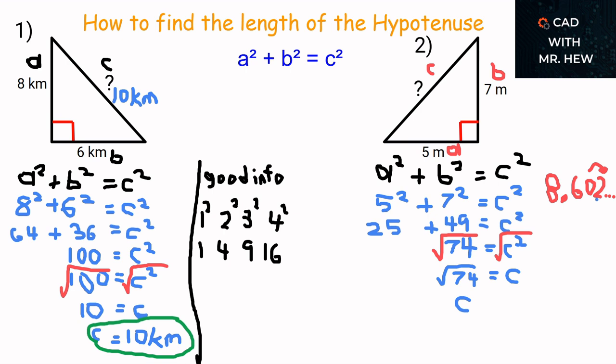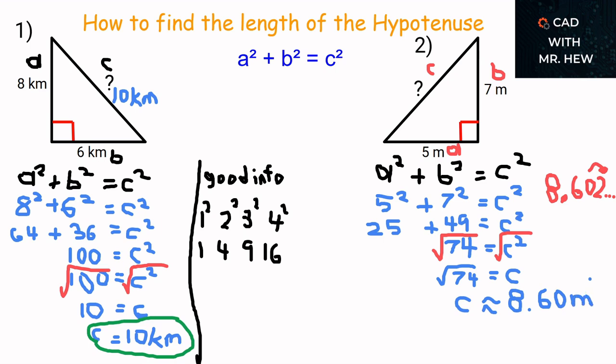So we wrote it down to the thousandths place so that we can see whether we're going to round the zero up or let it remain, right? So C is approximately equal to 8.60, right? And the information given is in meters, so this is meters.